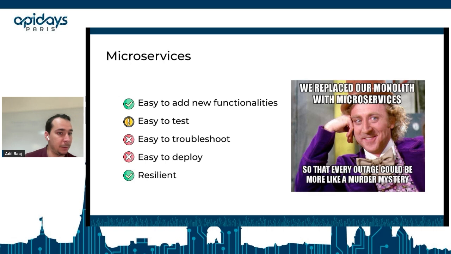However, it will add some other challenges, like troubleshooting. So you really need a really good observability system in case there is an issue or a bug. And as the number of microservices grows, it becomes harder and harder to manage deployments correctly, the versioning of your microservices, etc.